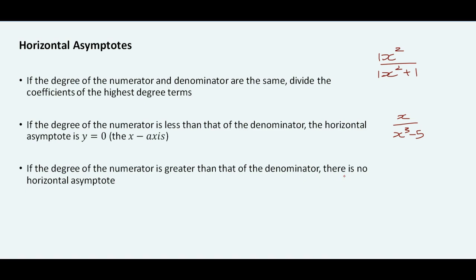We have a different type of asymptote, which will be introduced in a different video. If we have something like x squared minus 1 divided by x plus 5, the degree in the numerator is 2, the degree in the denominator is 1, so we cannot have a horizontal asymptote here.